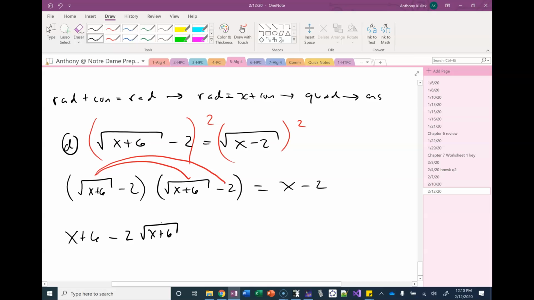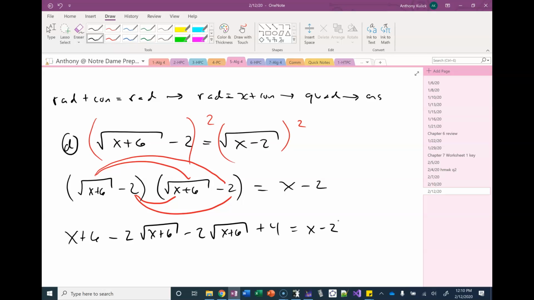Right? And then we do the inners. And then we do the lasts. Is everybody happy with what we did there? You see the foiling happening?